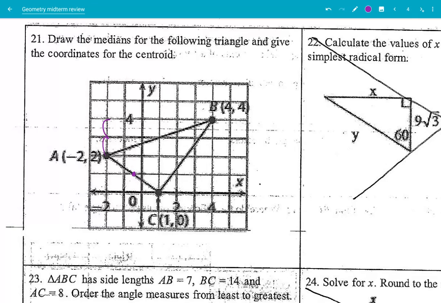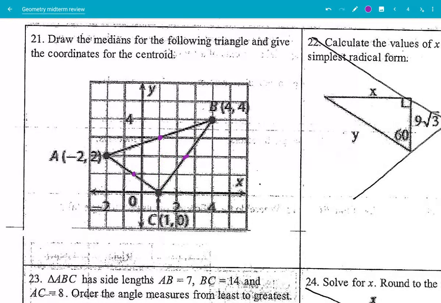And then we'll go up 1, 2, and over 1, 2, 3, 4, 5, 6. So let's go up 1 and over 1, 2, 3. And then this one we go up 1, 2, 3, 4, and over 1, 2, 3. So let's go up 1, 2, and over 1.5.